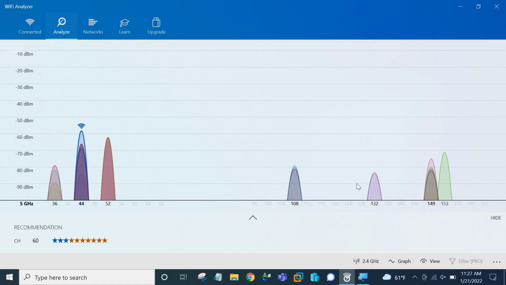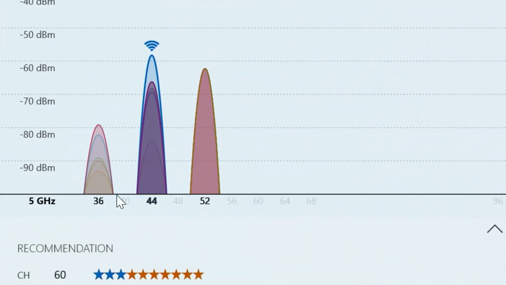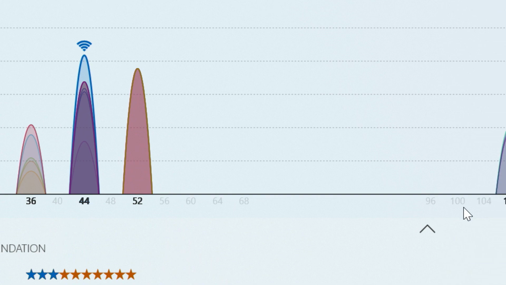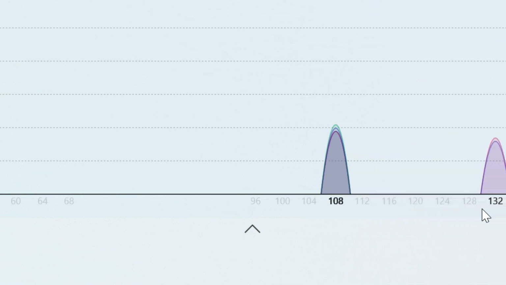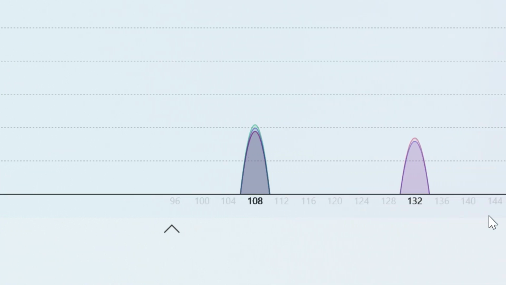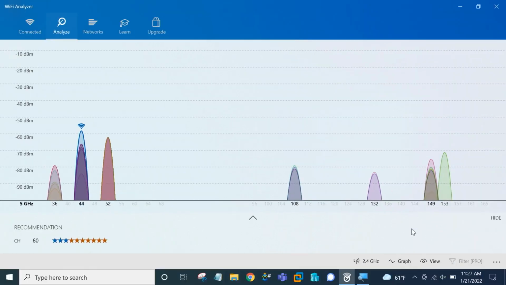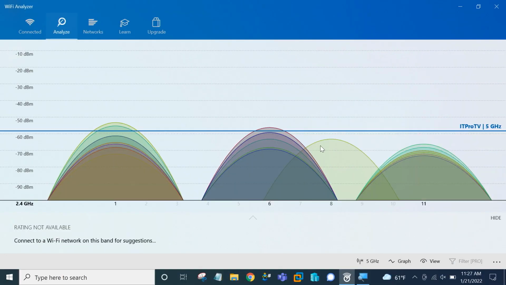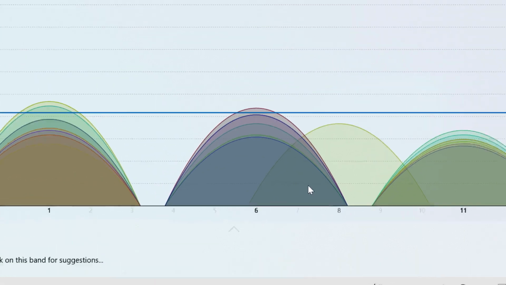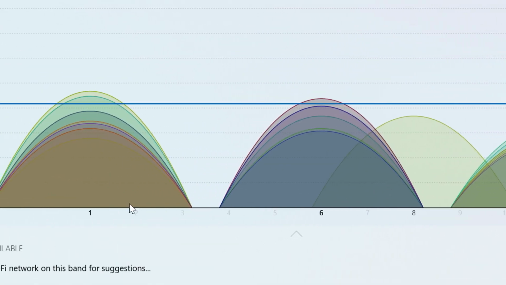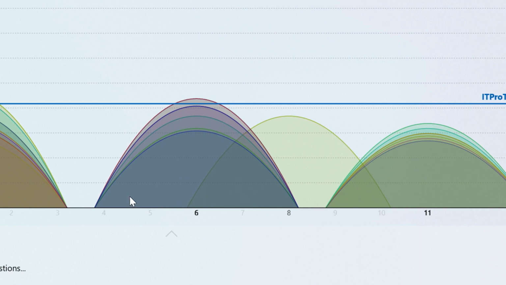What we're looking at here is the 5 gigahertz spectrum, and we can see the various access points broadcasting their signals across the 5 gigahertz spectrum. I could also change this over and look at, for instance, the 2.4 gigahertz spectrum, and we could see a variety of access points broadcasting on that frequency as well.